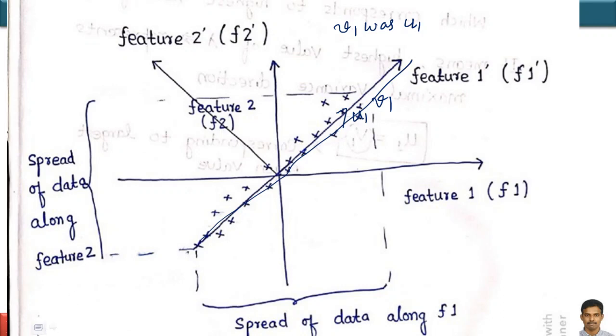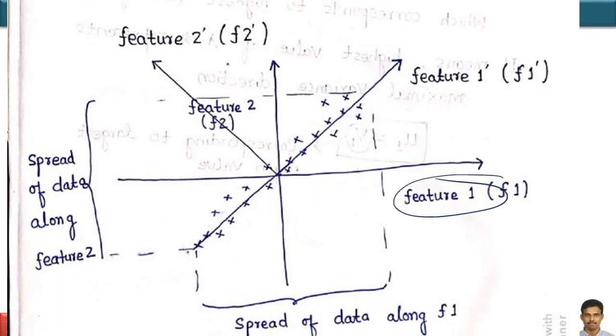Data is two-dimensional. Why? Because I have feature 1 and feature 2. How many dimensions are there? Data is two-dimensional, which means d equal to 2, as there are only two features.